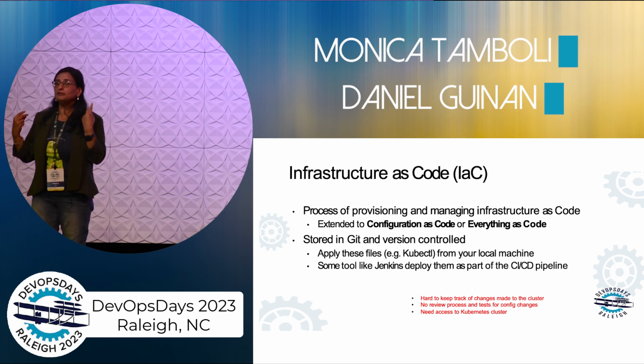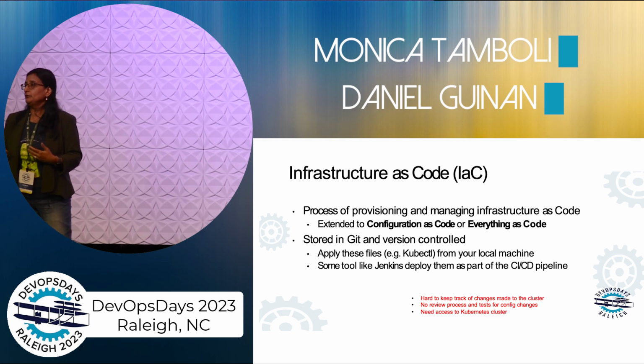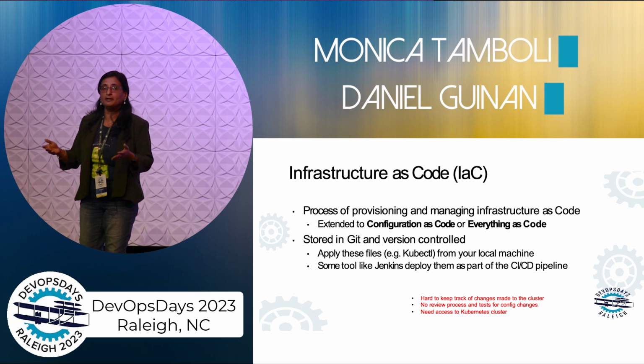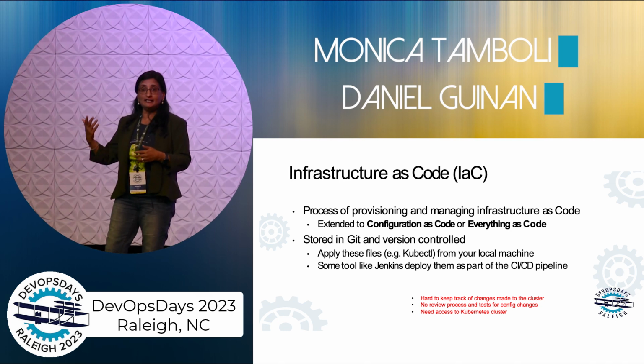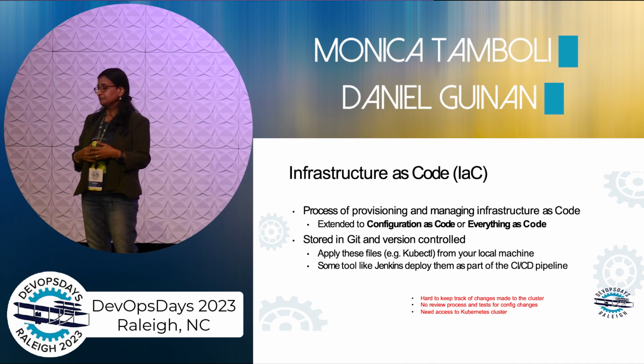I have seen people using this in two ways. Either they run kubectl on those configuration files from their local laptop, or they are using some kind of CI/CD and run a Jenkins job to source those files.